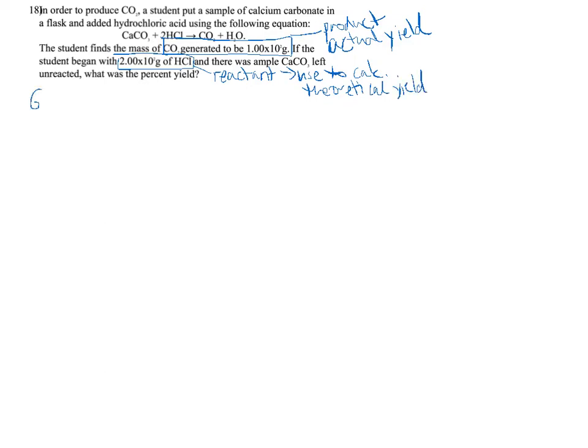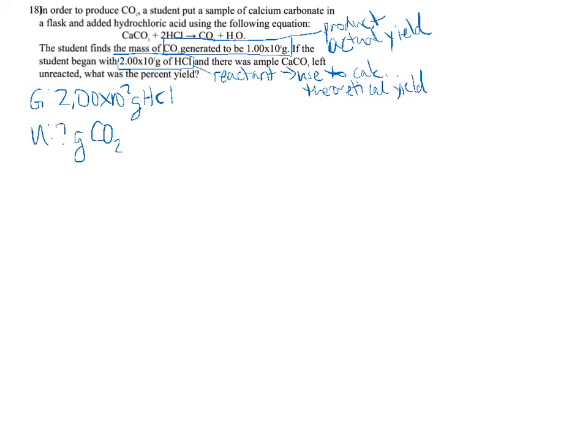Okay, which means we got to start our GUESS method. To calculate the theoretical yield, we start with our reactant, the 2.00 times 10 to the second grams of HCl. And we know that we're trying to figure out how much product we can make, how much carbon dioxide, because we're going to compare that back with the mass that we were given, the actual yield.